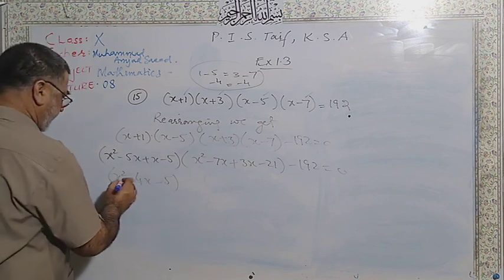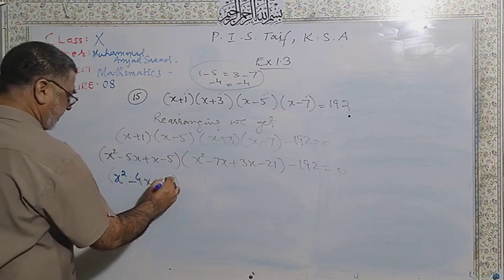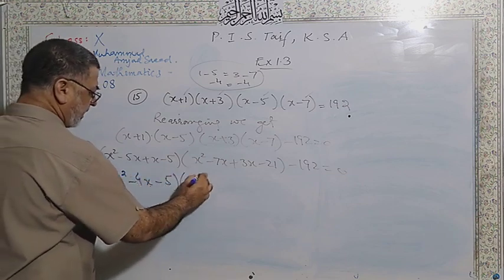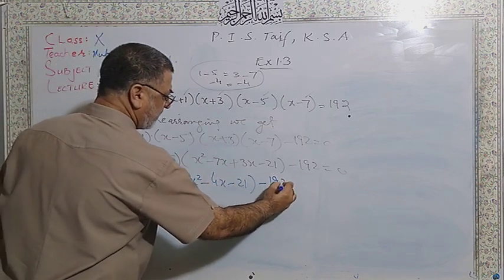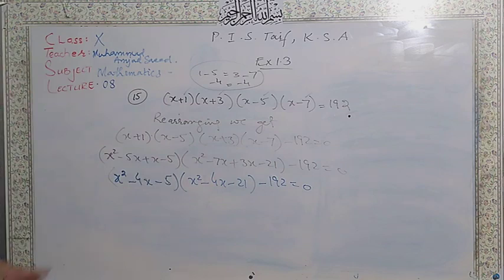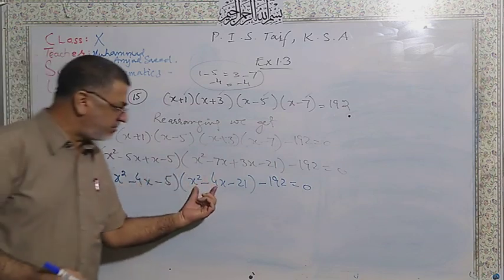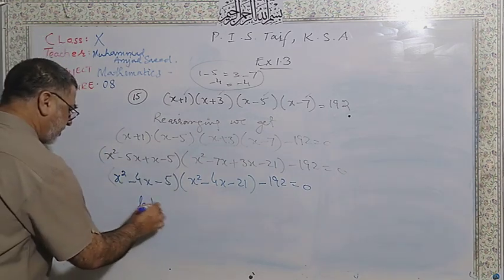x square minus 4x minus 5 into x square minus 4x minus 21 minus 192 is equal to 0. Here you have x square minus 4x, x square minus 4x, similar term in both brackets. Therefore substitute.